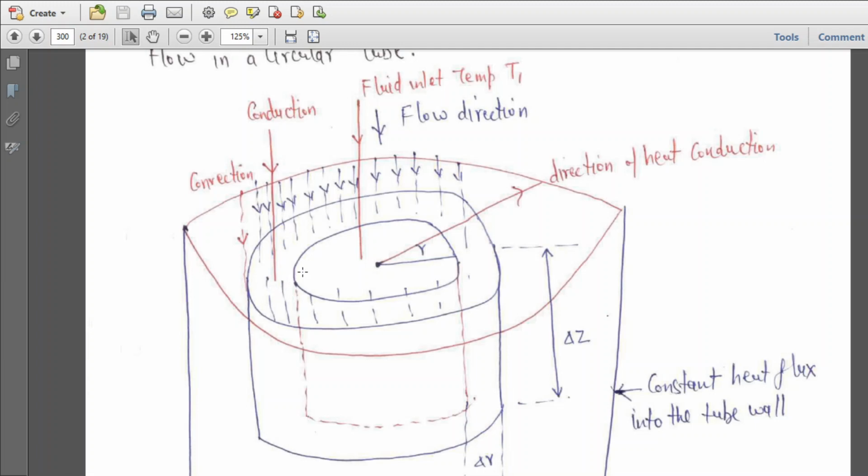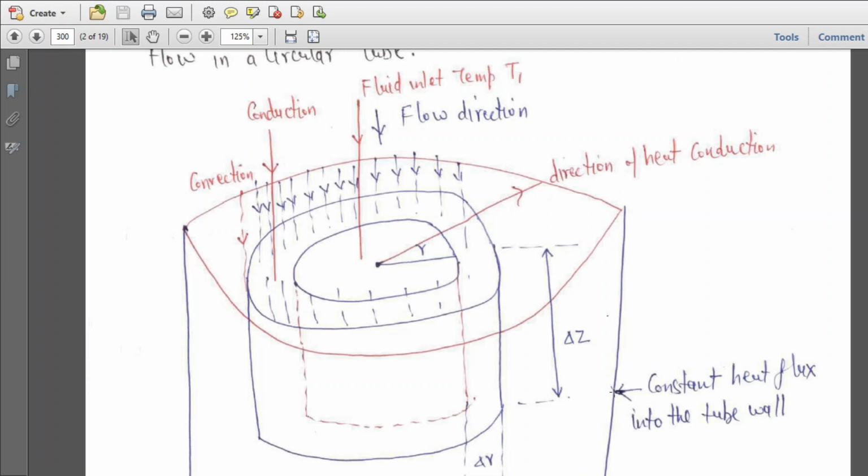In the radial direction there would be a conduction part also, and this wall of the cylinder is maintained at constant heat flux, and this is maintained at some temperature.